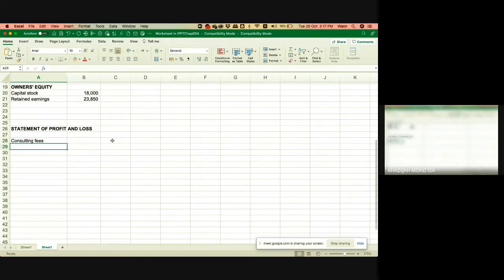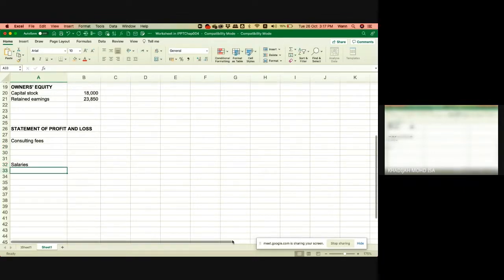And then I have salaries. Utilities. Then I have rental. How much is the consulting fees? It's 28,800.